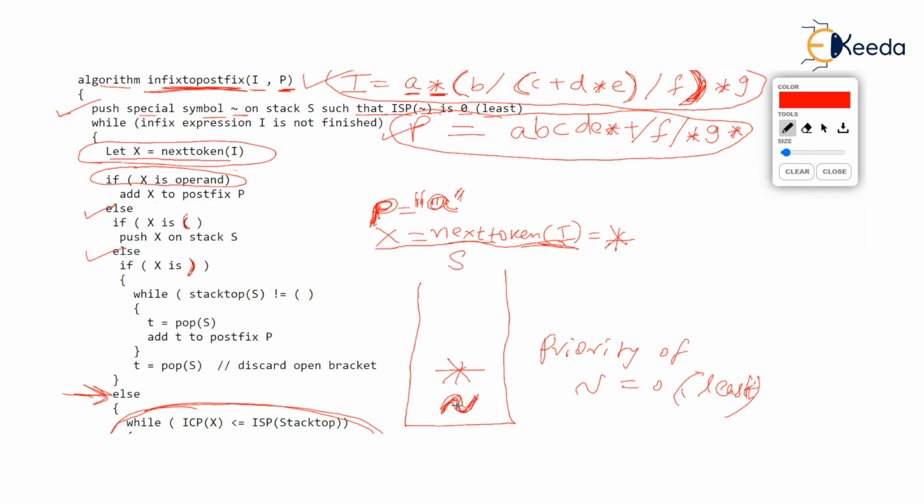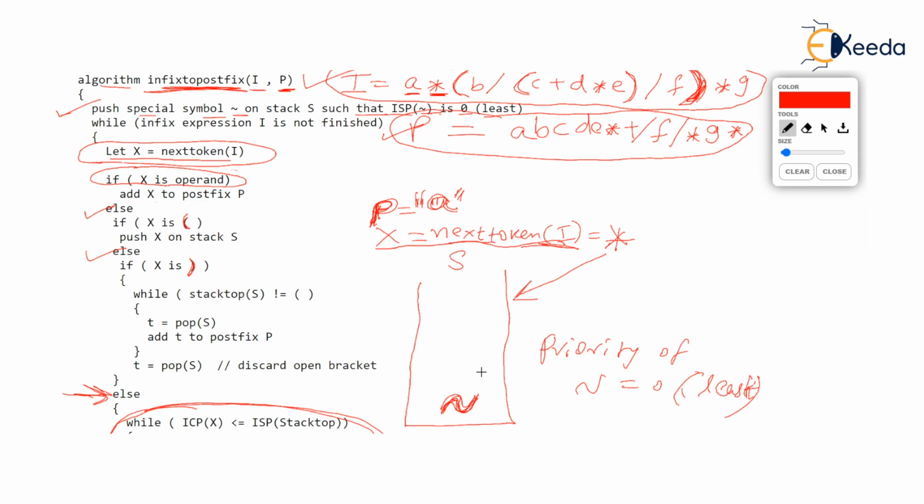The topmost symbol currently of the stack was tilde, because before multiply went on the stack, only tilde was there. And you wanted to put multiply on the stack, because multiply is an operator, it must go on the stack.